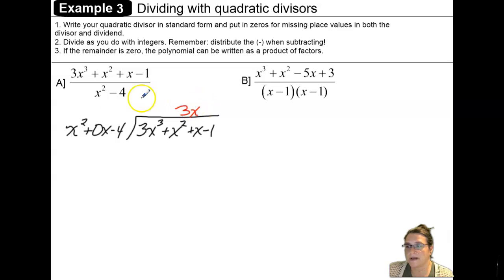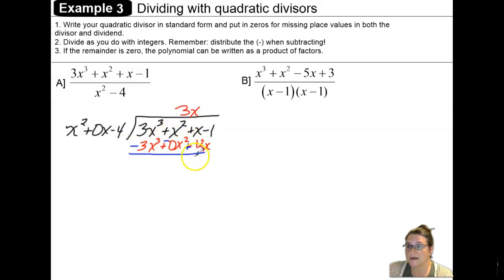And then we'll multiply. 3x times x squared is 3x cubed. Then 3x times 0x is a positive 0x squared, and 3x times negative 4 is a negative 12x. And then we're going to draw a line and change all three signs now because there's three terms.